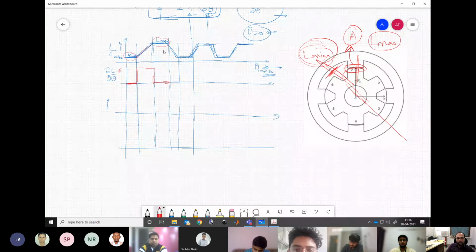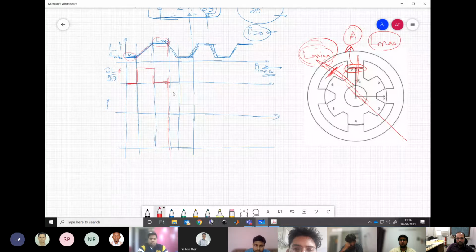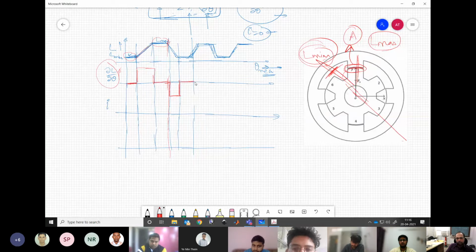The intervals may be the same or a little different; that is because of drawing inaccuracy. Now, when it is coming down from L max to L min, we have a negative rate of change of inductance, dou L by dou theta. Then again it goes to 0, and this cycle repeats. Understanding my point?